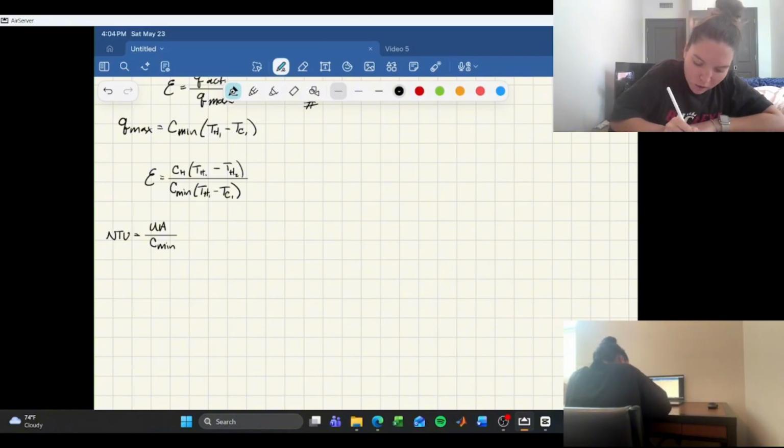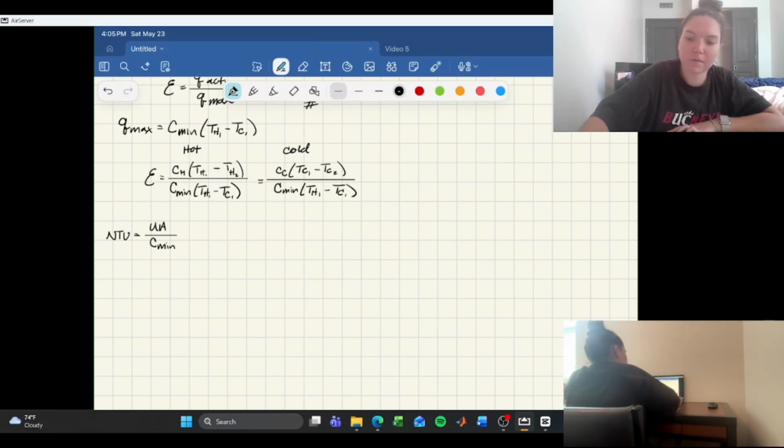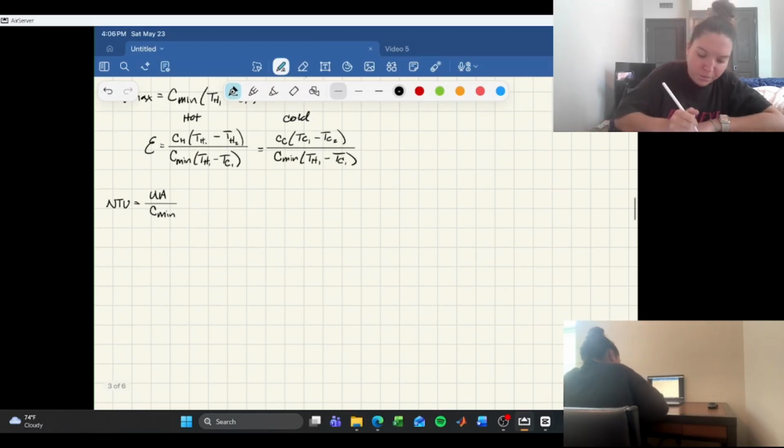And this is for the hot stream, and then for the cold, it's going to be equal to the mass flow heat capacity of the cold stream times the temperature of the cold stream going in minus the temperature of the cold stream coming out, divided by the minimum flow capacity times the temperature of the hot going in minus the temperature of the cold coming in. So then going back down here, we said this was the net transfer units.